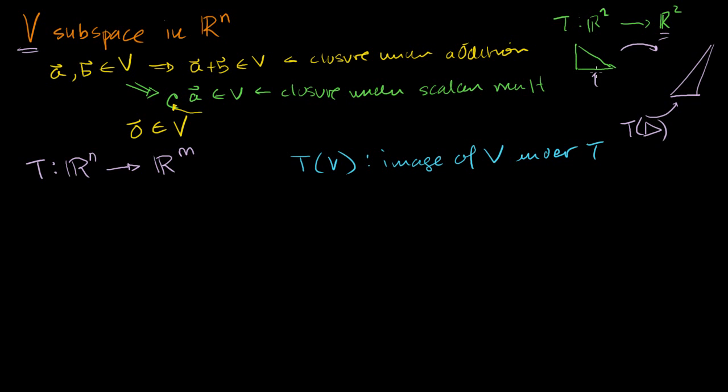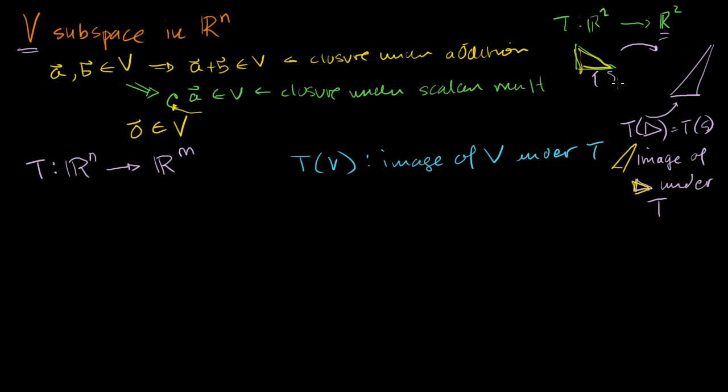Or if we call this S, it's equal to the transformation of S. Or maybe it helps you to visualize it as the image of this triangle under T. Or maybe an even neater way of thinking about it is that this skewed, rotated triangle is the image of this right triangle under T. And I think that might make a little bit of visual sense to you.